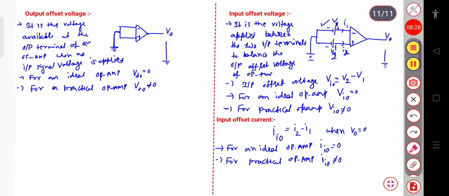Okay. So if I summarize all these things, the output offset voltage is what you get when you give no signal across the input terminals, and you still get a nonzero result at the output.